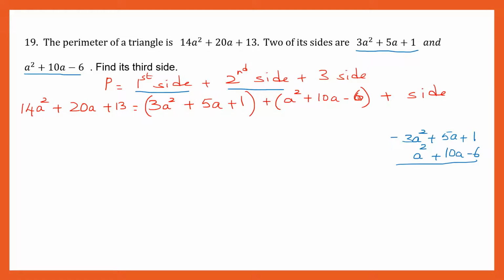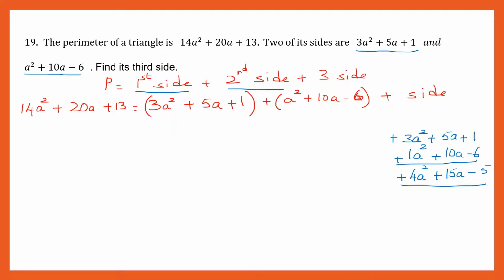Now let me put plus sign. Let's do a square first. 3 plus 1 is 4a square. Here also we have plus, so that's 15a. In the third column we have signs that are different, so put the sign of the bigger number and subtract. 6 minus 1 is 5. So this is what we got after adding the two sides.